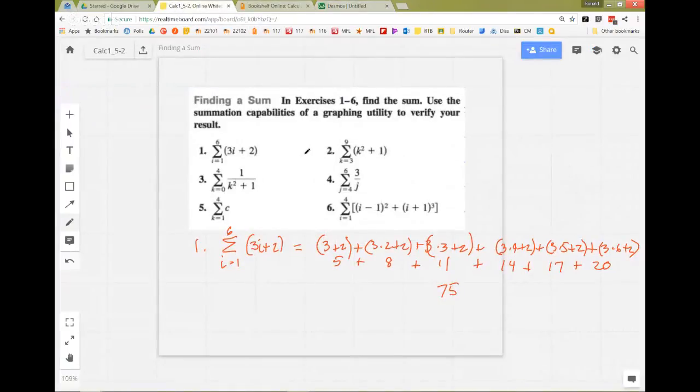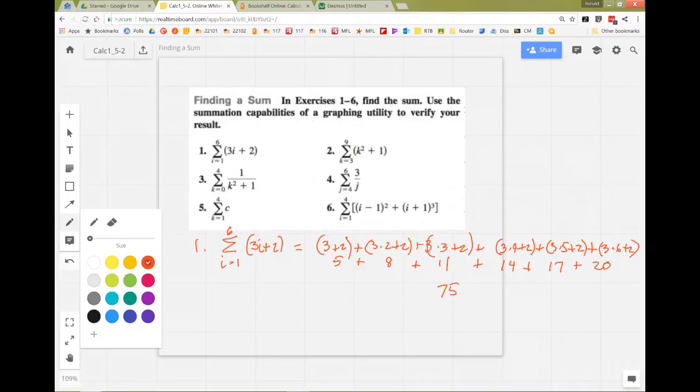How about let's take a look at number 4 next. I'm going to take my keyboard off so I can get at the bottom of the screen here a little bit better. All right, so number 4. We've got the summation. j is the index holder this time. j from 4 to 6 of 3 over j.